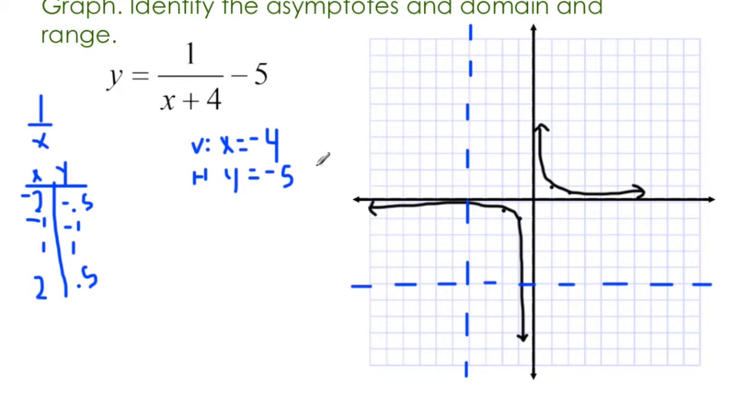Step 2, plot your points or translate your points. This one, we do the opposite. So instead of going positive, we're actually going to go to the negative side 4 units. So we're going to go left 4 units. And this one, we do the same thing. So we're going to go down 5 units. So that's what H and K does. Always, always, always translates horizontally and vertically. So this point right here, I'm going to move left 1, 2, 3, 4, and down 1, 2, 3, 4, 5.